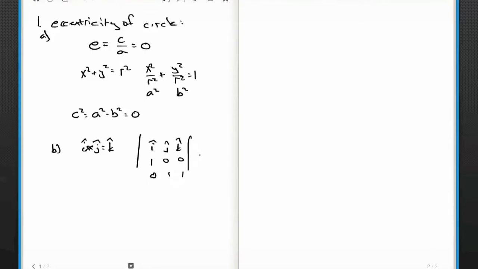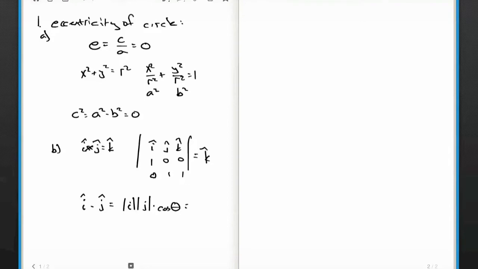So that just becomes k. And then i dot j, right? How does that work? Well, remember that it equals the magnitude of i times the magnitude of j times the cosine of the angle between them. The angle between them is 90 degrees.